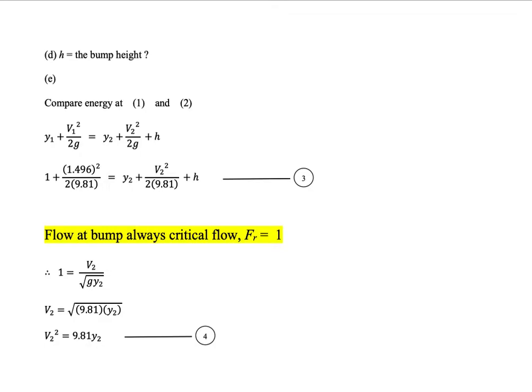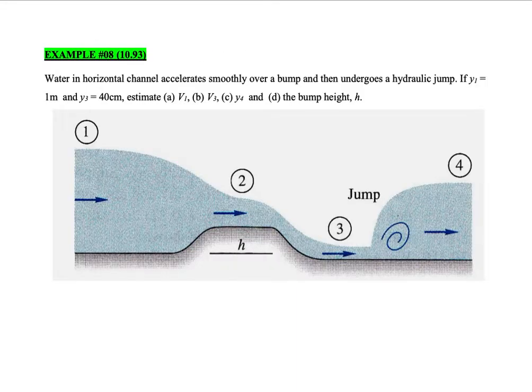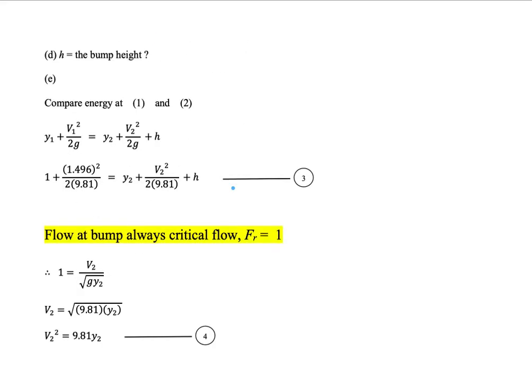Now we go for the bump height. First we compare point 1 and point 2, because if we see the diagram, the flow comes from point 1 and goes to point 2. So we have this one.